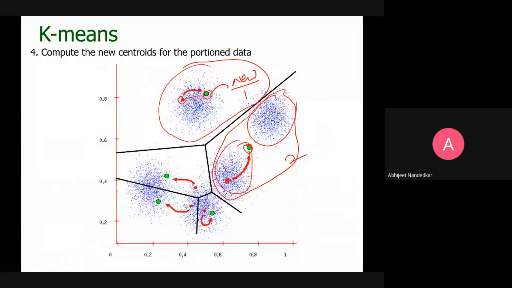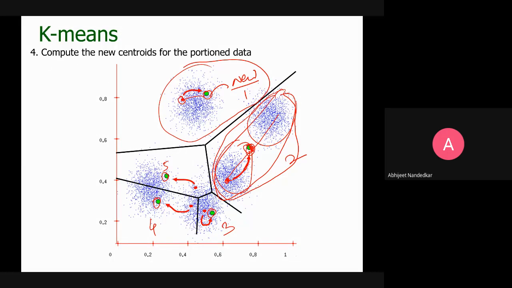Okay. So you can say an average position will be here. It's a centroid of this partition 2. So this is a new position of group 3. This is new position for group 4, and this is new position for group 5.